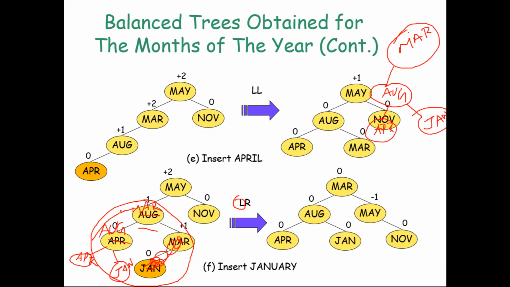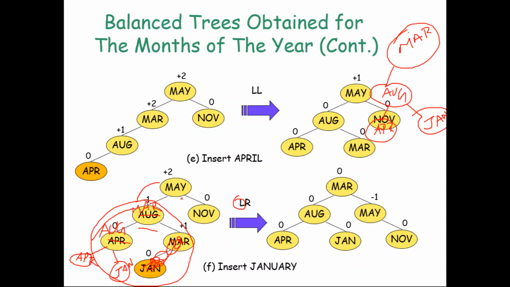Now you perform the right rotation on this point, that is, move March to the right. When you move March to the right, what will happen? May will go to the right.